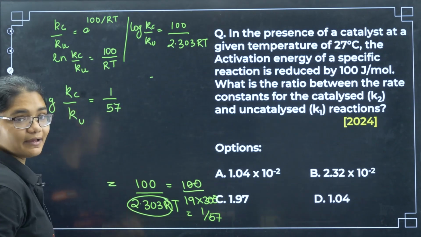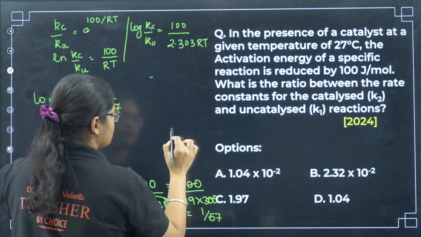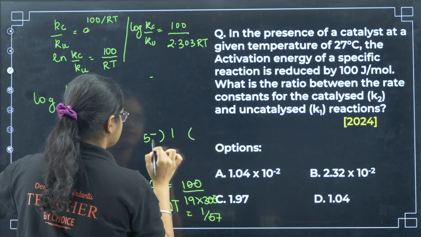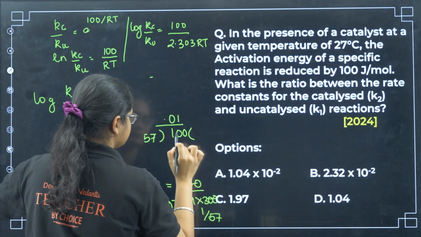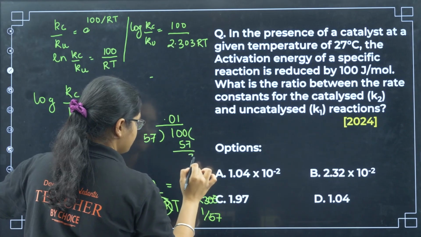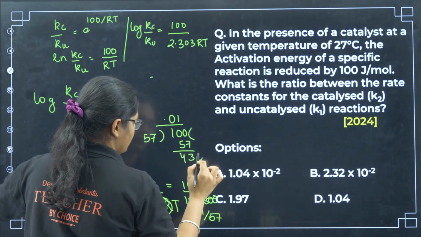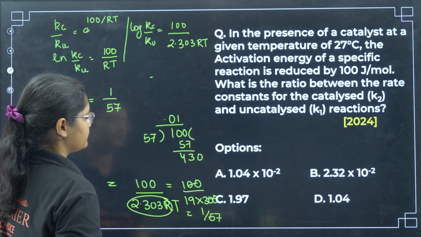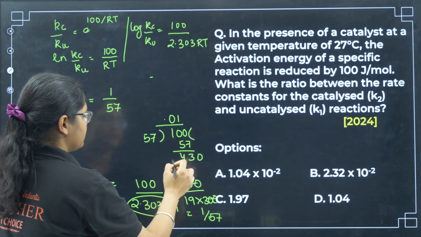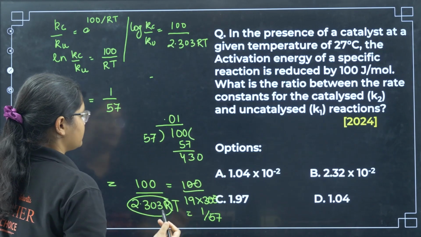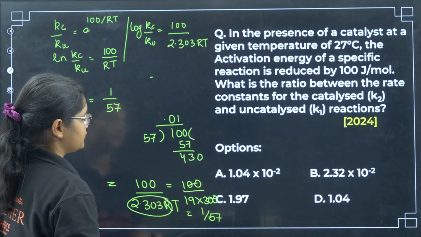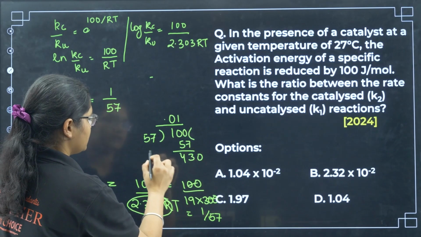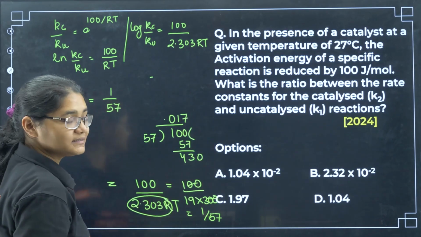And what is the value of 1 by 57? If I just solve 1 by 57, I got 430, then 9 5s are 45, 9 is not there, 8 7s are 56, 8 5s are 40, that is also exceeding, 7 7s are 49, yes, 0.017 I can take.